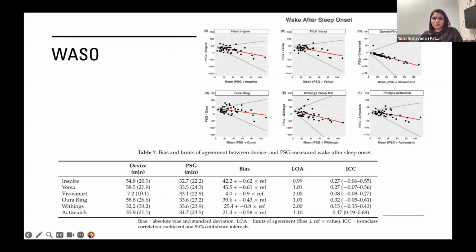And then for wake after sleep onset, it looks like all of them overscored compared to the PSG, but the Vivio Smart very much underscored the amount of time that was wake after sleep onset, and all of the devices had poor agreement because we want the agreement to be less than 1 here.